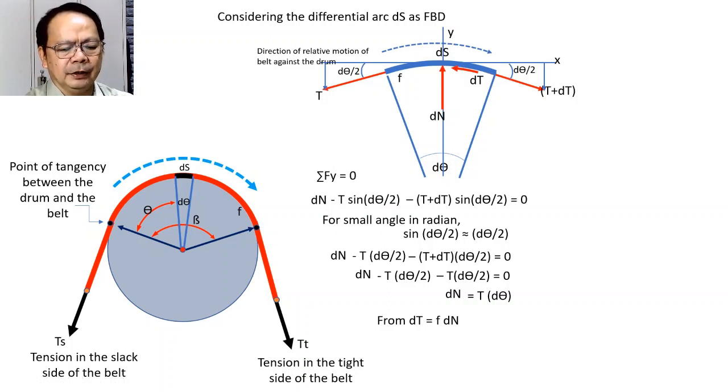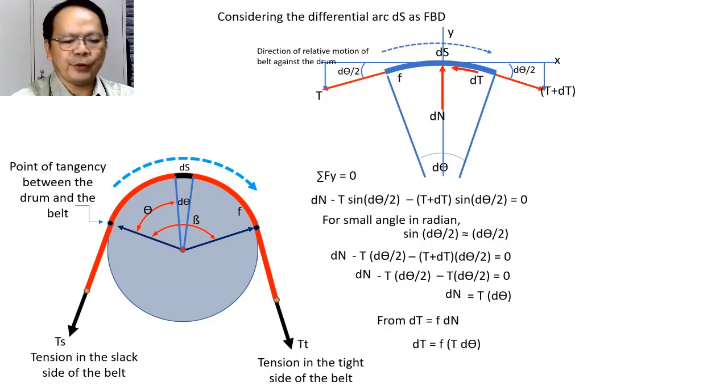Therefore, we can substitute the value of dN, which is equal to T multiplied by d theta, in this equation. Therefore, this equation becomes dT equal to f multiplied by the quantity T multiplied by d theta.